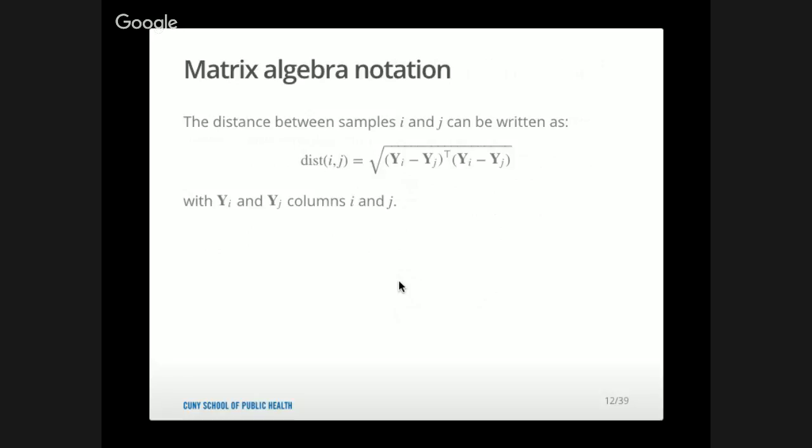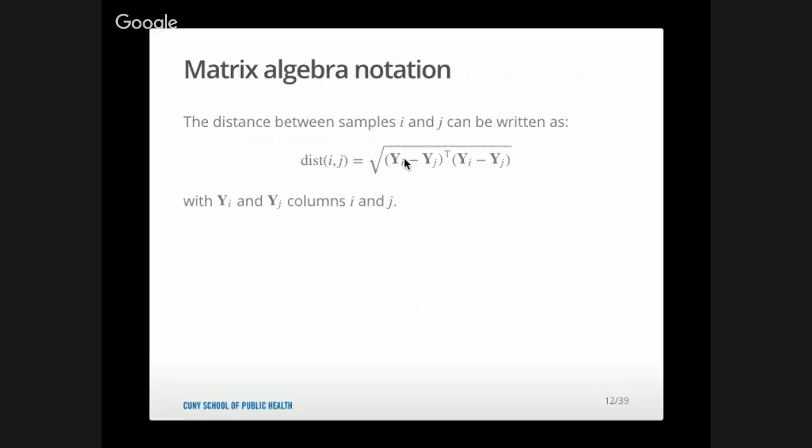You will see very frequently matrix algebra notation used instead of the summation notation on the previous page. So this is an equivalent way of writing the distance between two samples. So I and J are 2 samples. This is implied to be that vector of length 22,215.